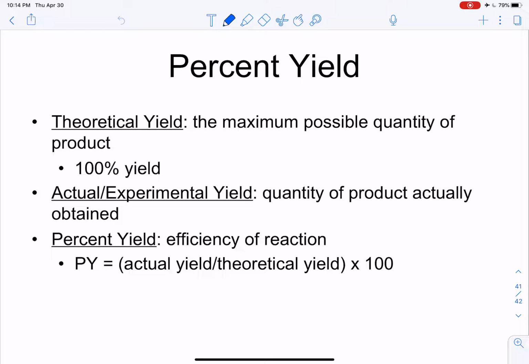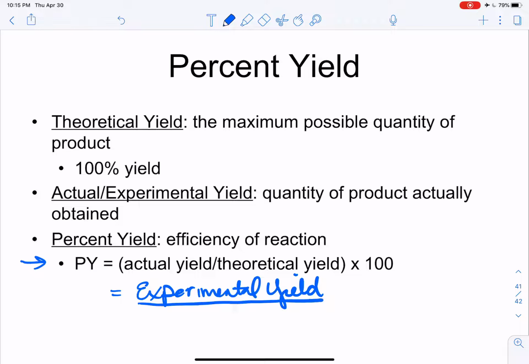So the percent yield is equal to the actual yield, which is also called the experimental yield, because it's the amount of product you get when you do your experiment, divided by the theoretical yield, that's in theory the max amount you can get.